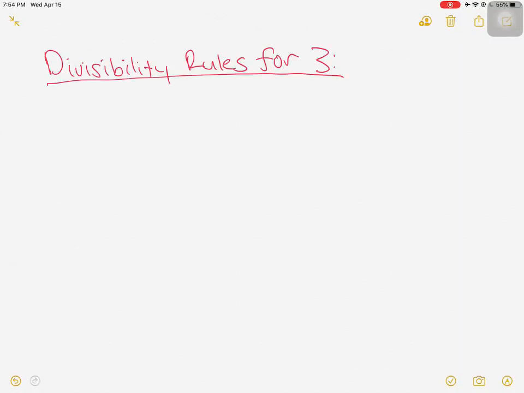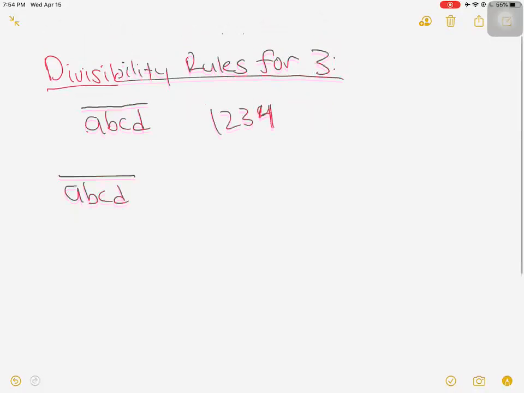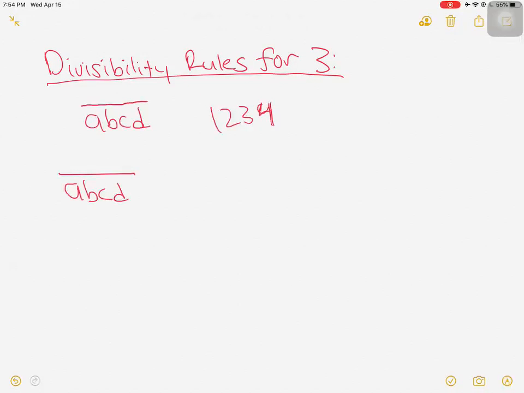Okay, so now we can prove that with modular arithmetic. For any number, let's just write the number as A, B, C, D. This is all one number. So it's a 4-digit number, such as 1, 2, 3, 4, where 1 is the A, the 2 is the B, the 3 is the C, and the 4 is the D. If we take this 4-digit number, we want to find the remainder when it's divided by 3.